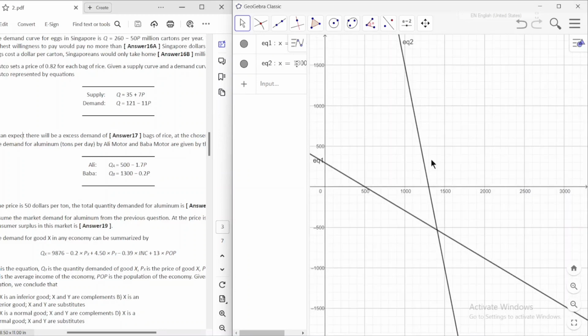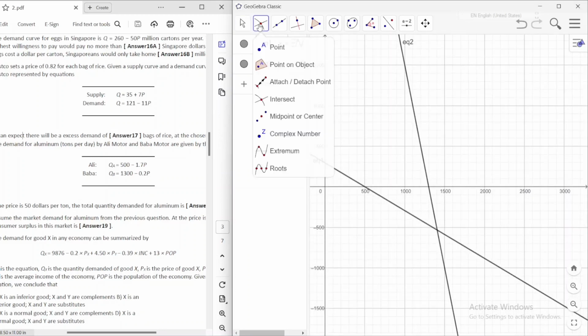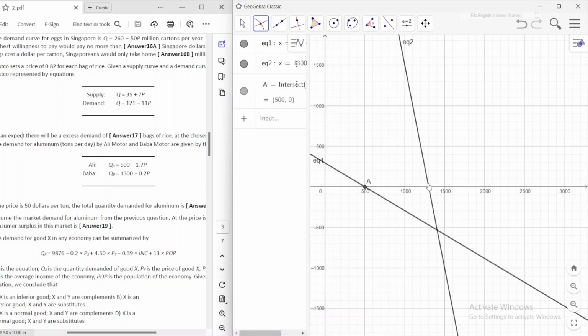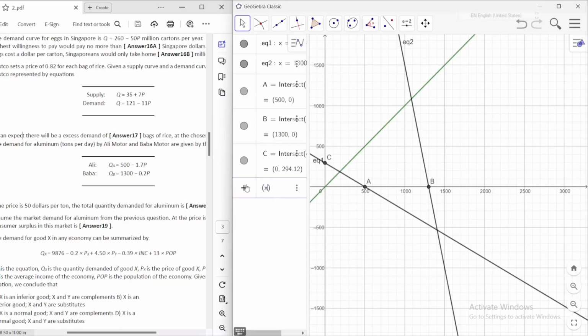Okay, so these are the two demand curves. Now to draw the market demand curve, you need to know these points. Okay, so you have to sum the x coordinate of these 2 points. So let's sum it. X coordinate of A plus x coordinate of B, comma 0.